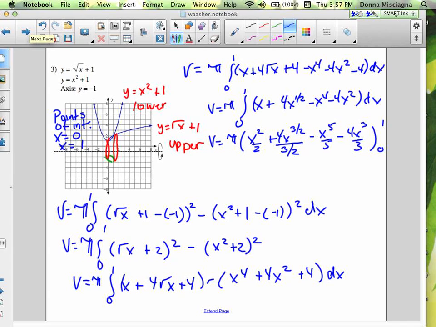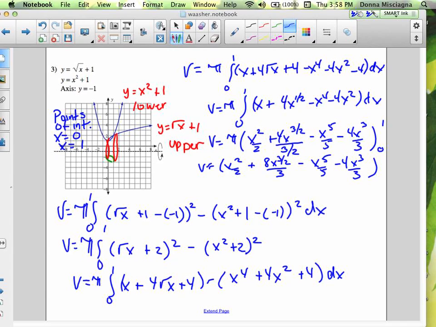All right, so our volume is, this would simplify, so we have x squared divided by 2 plus 8x to the 3/2 divided by 3 minus x to the 5th divided by 5 minus 4x cubed divided by 3.